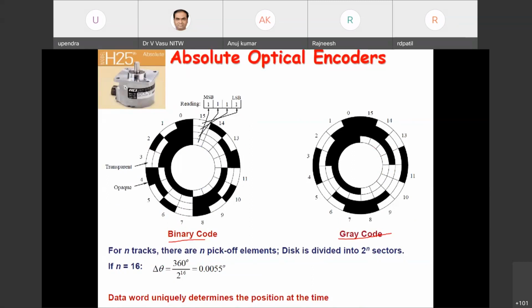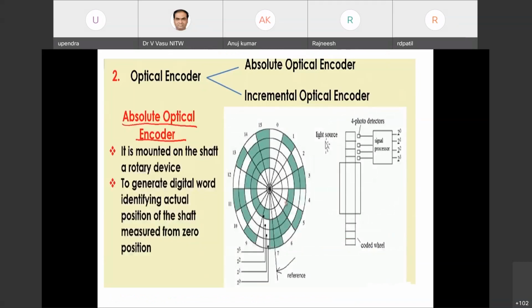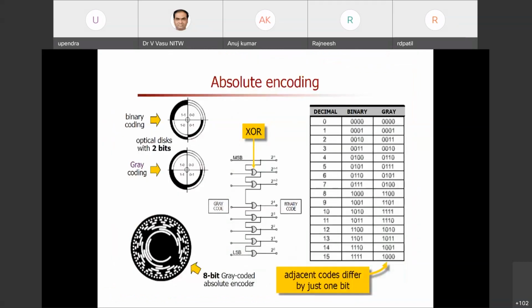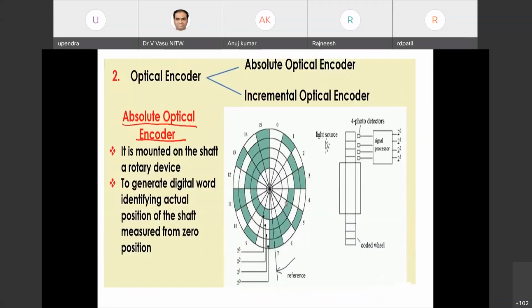Making this coding is going to be extremely costly, because depending upon the accuracy and resolution, the disk cost increases. Depending upon this coding, if you see here, we can consider it as 2 to the power of 0, 2 to the power of 1, 2 squared, 2 cubed, like that.